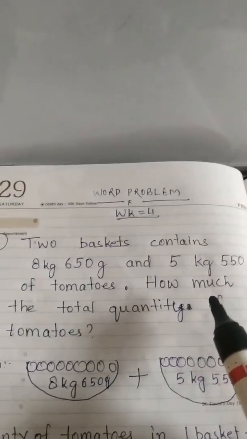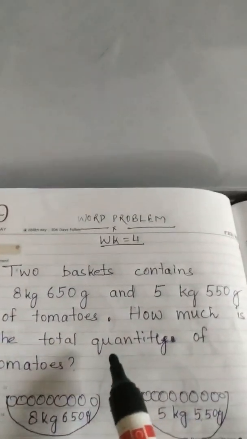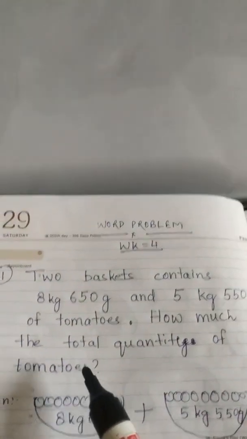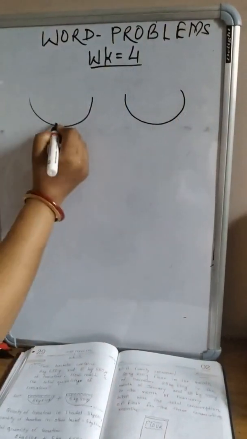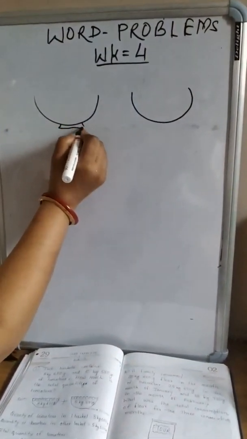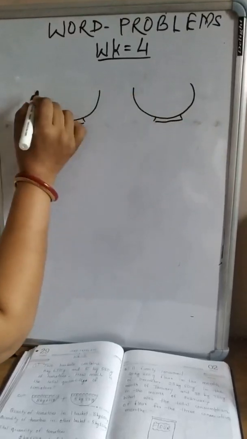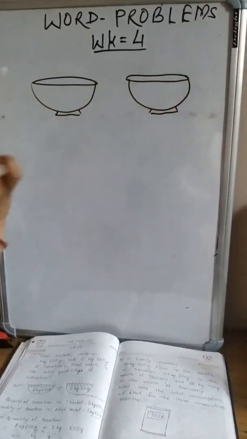How much is the total quantity of tomatoes? So children, it is a story about the two baskets. Right? This is a basket, a basket that is having tomatoes.